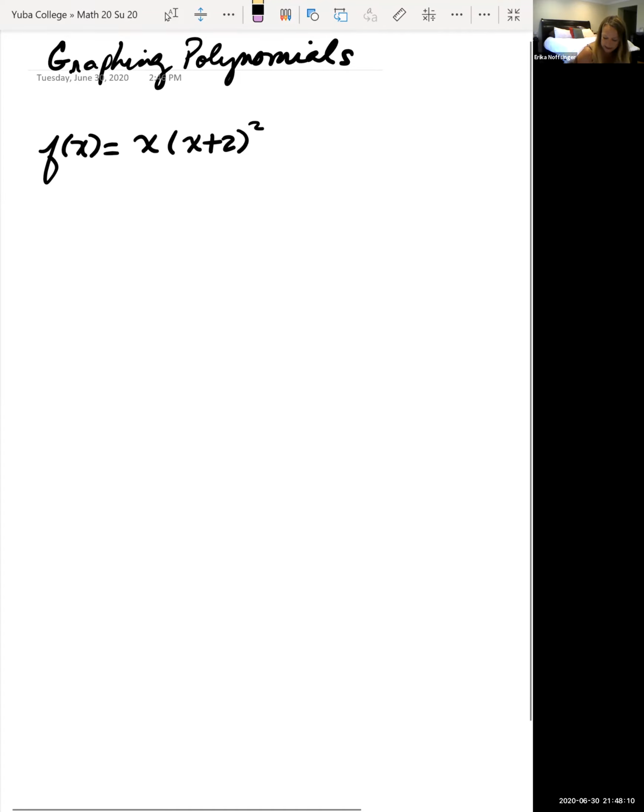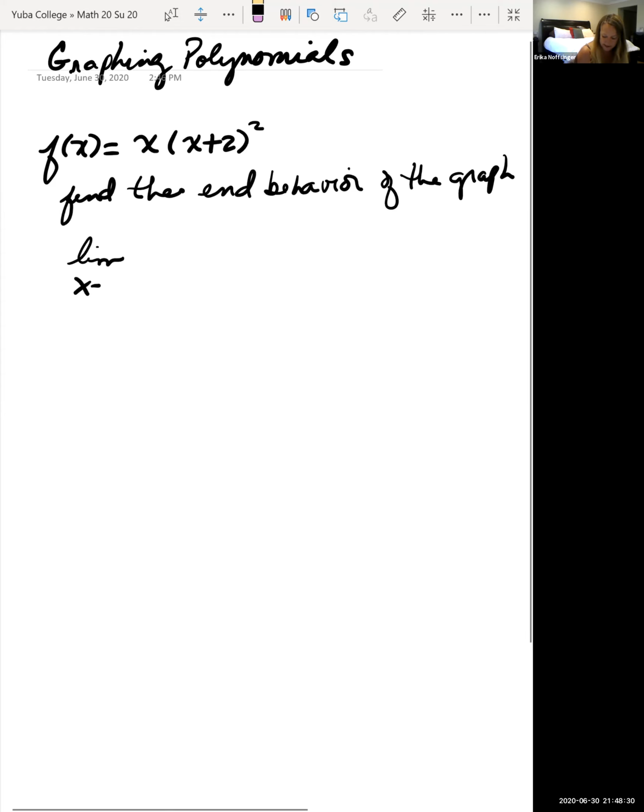We want to find the end behaviors of the graph. And it doesn't matter what order we do this. So let's look at that. We're looking at the limit here as x goes to negative infinity of f of x.